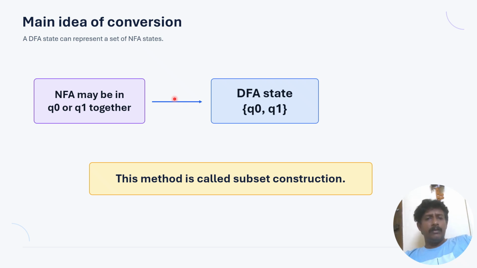So what do we do? We create one DFA state that represents a set of NFA states. For example, a DFA state may be written as {Q0, Q1}. This means the original NFA's possible states are Q0 and Q1. This method is called subset construction because each DFA state is a subset of NFA states.